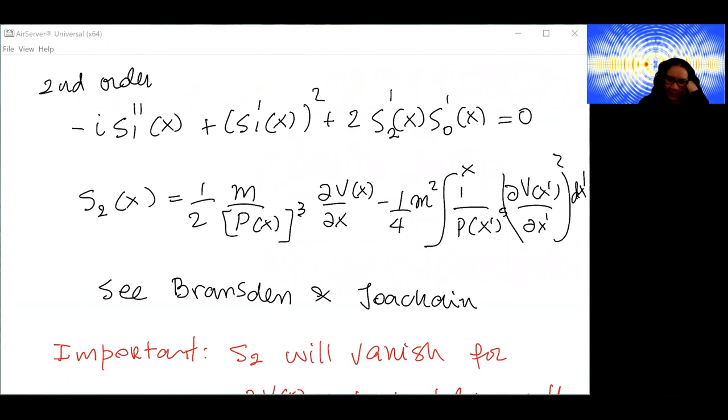And here you have something that is dividing by p. So if p is very, very small, you're going to get into trouble.